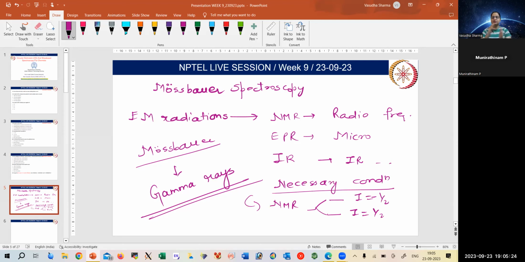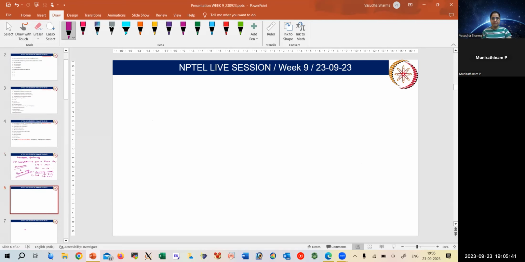Like if I equals 1/2, then because of the two different MI values, the transition is between the same nuclear spin state, because the energy between these two states matches what we are giving from the radio frequency. Whereas in Mossbauer, we have two states: I equals 1/2 is the ground state, I equals 3/2 is the excited state, say for example the iron-57 nucleus that we discussed last time.